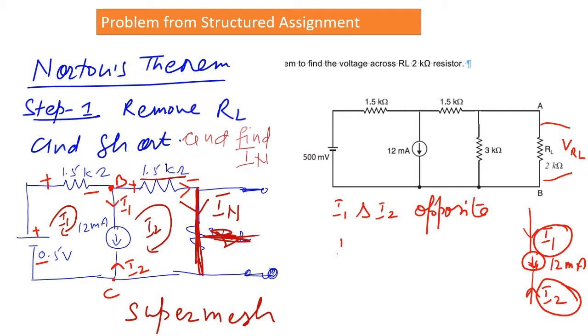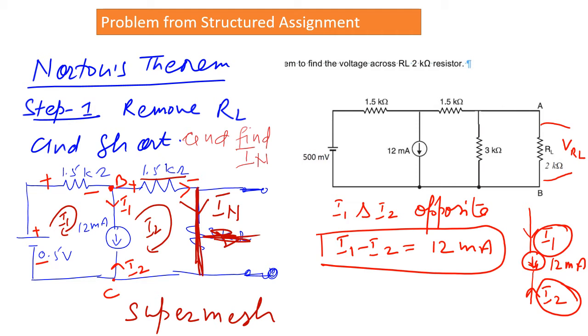So here it will come I1 minus I2, and this is equal to 12 milliampere. So this equation we need before using the KVL. Whenever the current source is there, you use it like this. So I say this is equation number 1.